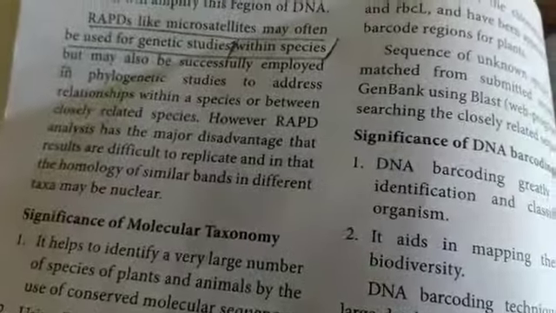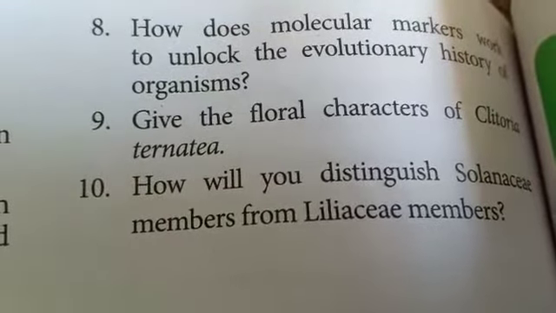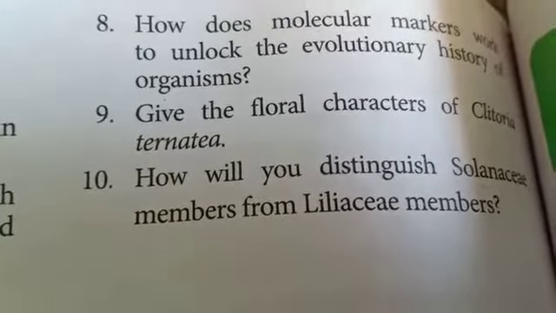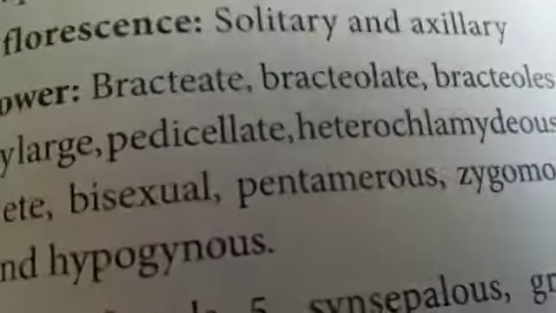Now let's move to the next question. Give the floral characters of Clitoria ternatea. So Clitoria ternatea is nothing but Sangupu. We have to explain about the Clitoria ternatea floral diagram. So floral diagram starts with inflorescence.